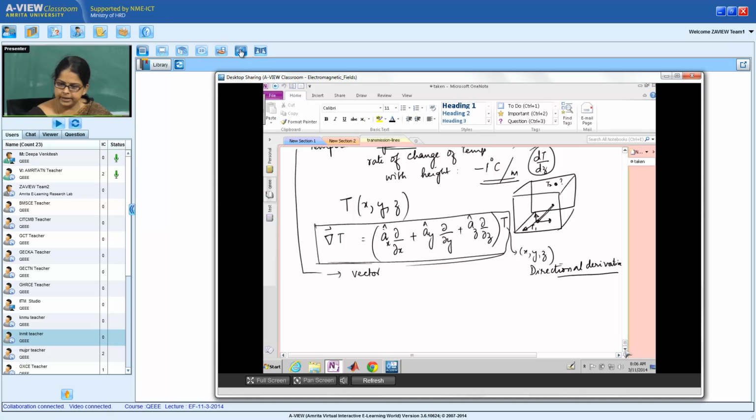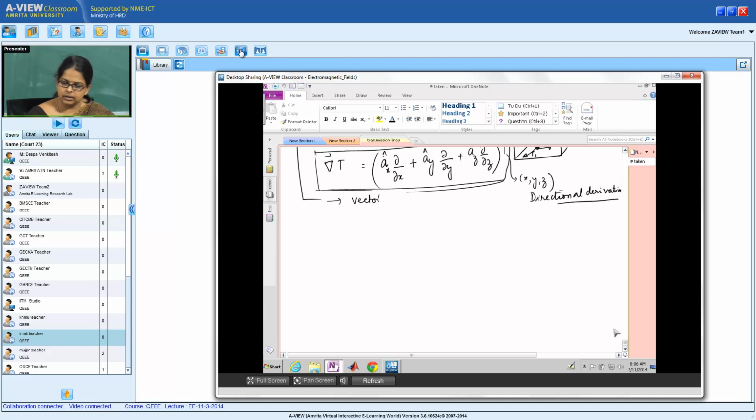And the example I gave you was temperature, which is a scalar, but it could be a function of x, y, z. I gave you an example of the temperature of this studio, where at the place which is close to the AC vent, the temperature could be lower.